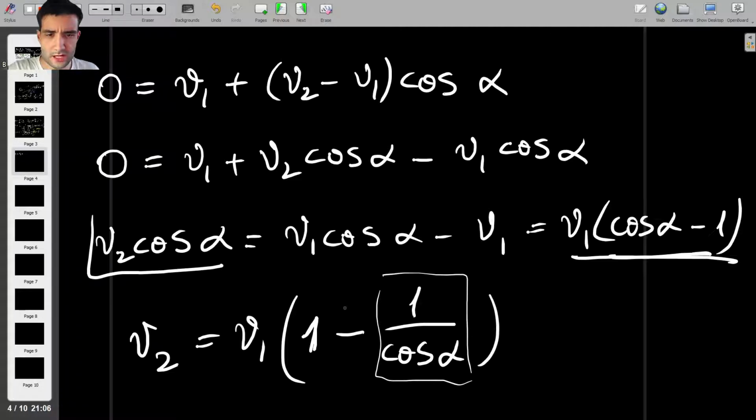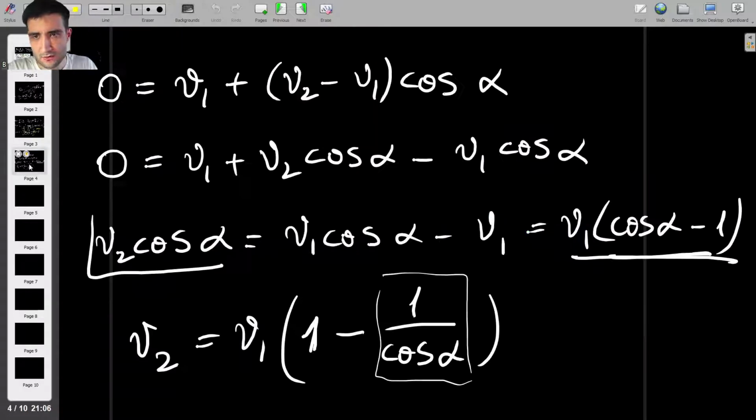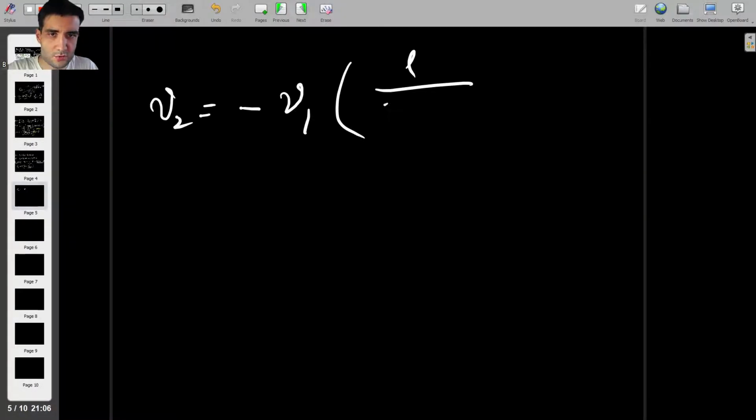And 1 over cosine is greater than 1 in this case, because alpha is somewhere between 0 and 90 degrees, right? So this quantity is actually negative. So I can rewrite that as v2 equals minus v1 times (1 over cos alpha minus 1).